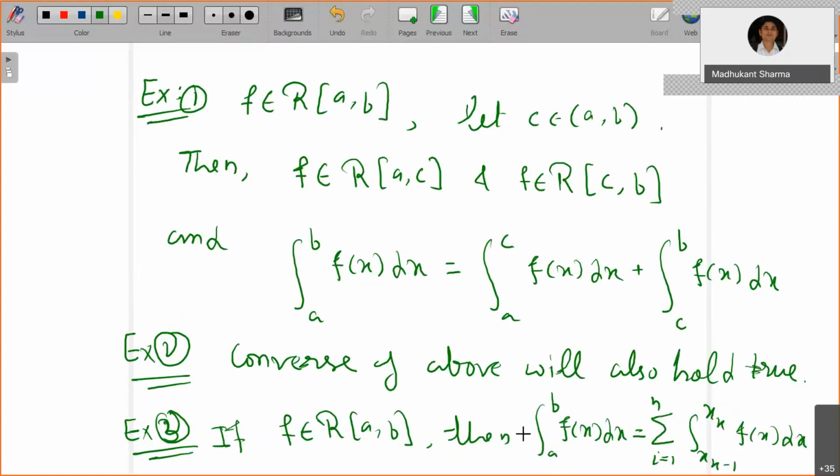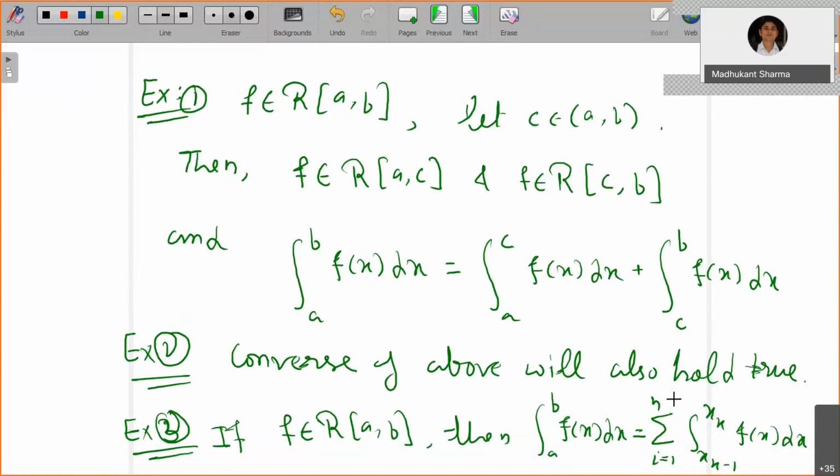That's the same as the integral over the entire interval a to b. This will be useful when you only know the behavior of the function f, for instance that it is increasing in the interval x_{k-1} to x_k and decreasing somewhere else, and so on. It will help you approximate the integral values when you cannot find the antiderivative.